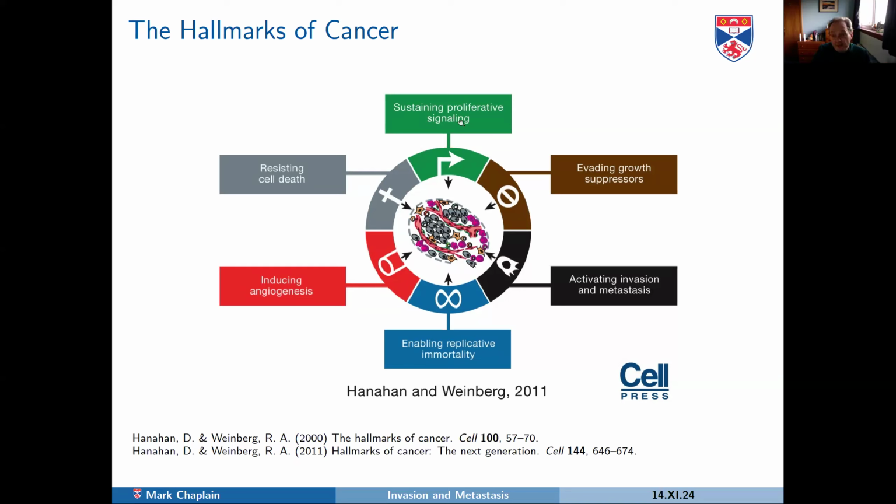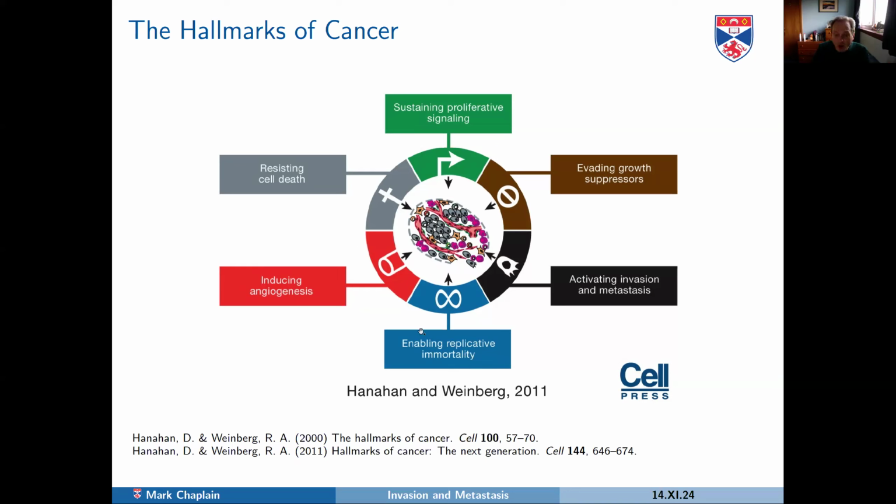And they secrete signaling molecules which allow them to keep proliferating. They also evade external chemicals or growth suppressors, so the body tries to shut them down by sending chemical signals to stop them proliferating. They've developed mechanisms to stop that, again through intercellular signaling pathways. And they have what Hanahan and Weinberg call replicative immortality, so they just keep proliferating.